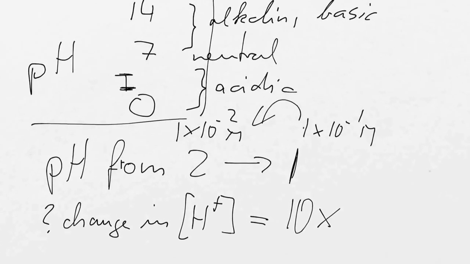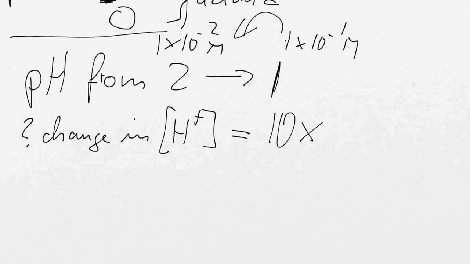Okay, let's quickly calculate. We still have a 1 nanomolar concentration of hydrochloric acid, HCl. What is our proton concentration?